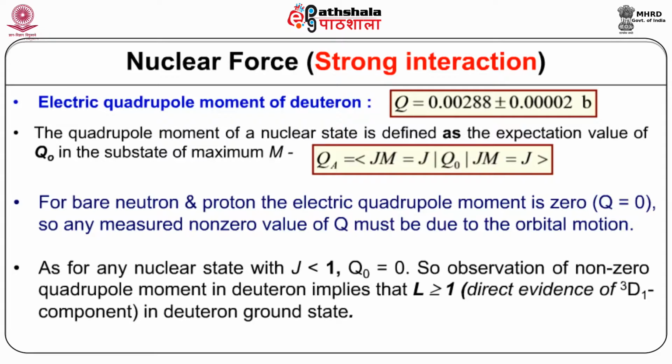So it means in order for the deuteron to have a quadrupole moment, its J value has to be greater than 1, that is, L value has to be greater than or equal to 1. So it indicates that the possibility of L is equal to 2 in the ground state of the deuteron is very much there, and it's a direct evidence of the L is equal to 2 component in the deuteron ground state.